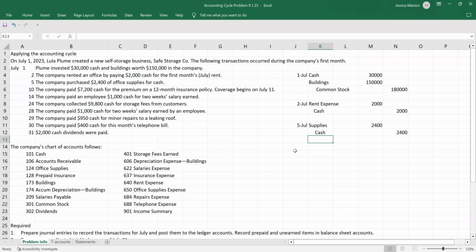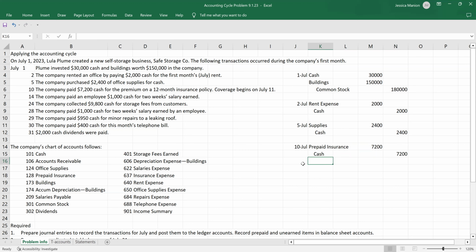Okay, what is the next one? July the 10th. This one says the company paid $7,200 cash for the premium on a 12-month insurance policy. Coverage begins on July 11th. Okay, so we're going to debit prepaid insurance, $7,200, credit cash, $7,200.